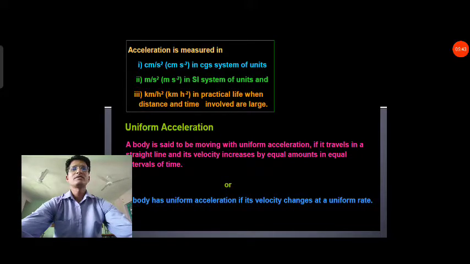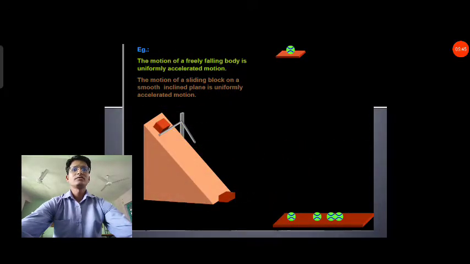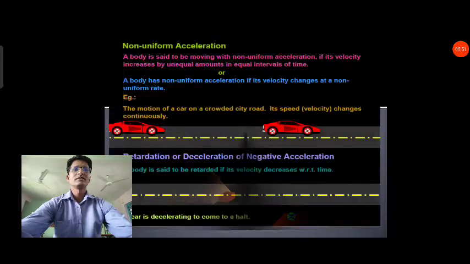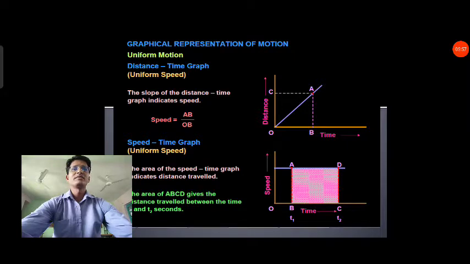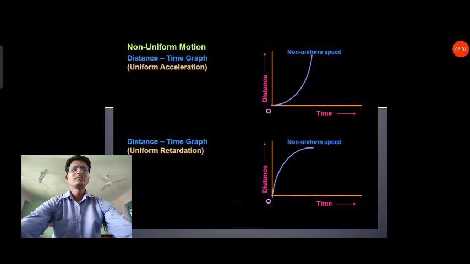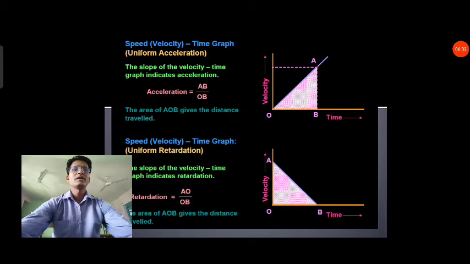And uniform acceleration, for example a rolling body, that is a free-falling body under gravity. In non-uniform acceleration, the speed increases or decreases, and we have seen the graphical representation of motion. So all topics we have completed in our previous video.